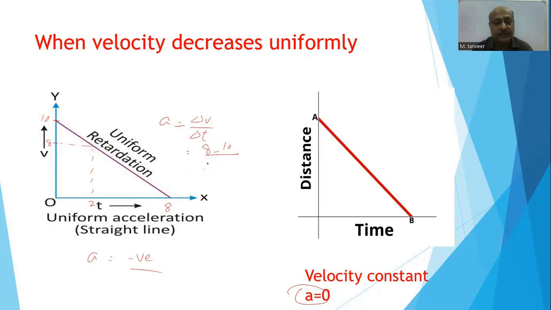Change in speed divided by change in time. So we will get minus 2, divided by 2 minus 8, which is minus 6. It will be 0 point something. So when velocity is decreasing, then retardation is produced, which is negative acceleration, also called deceleration.